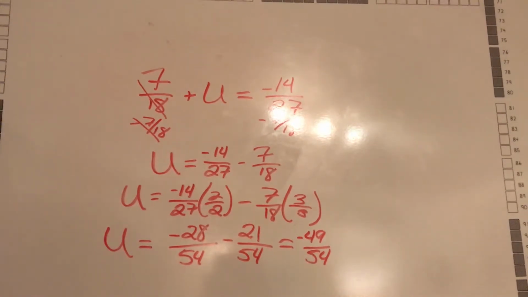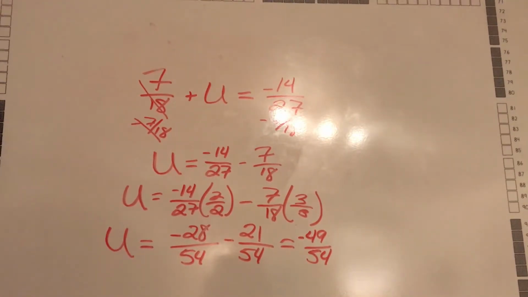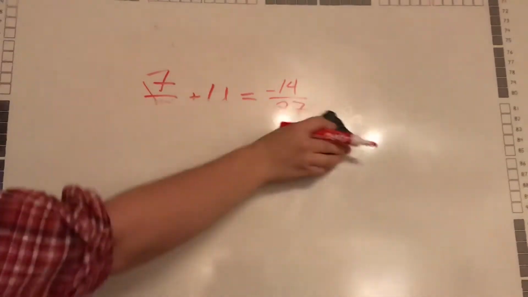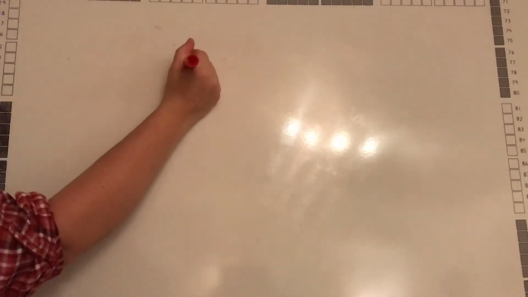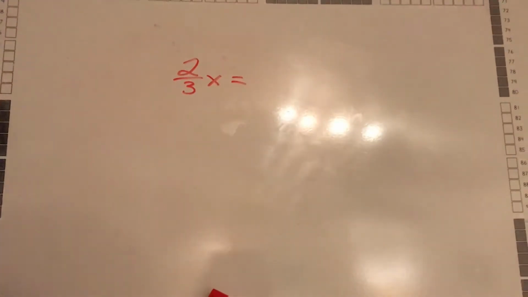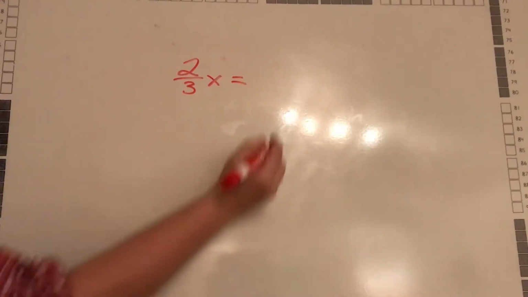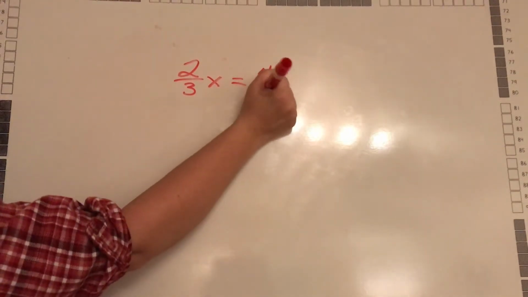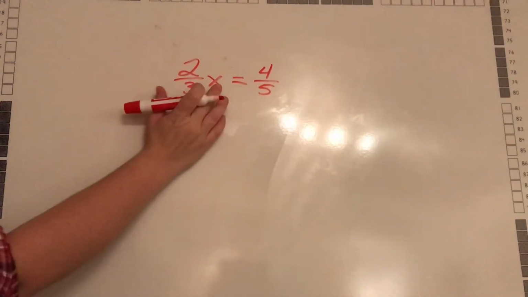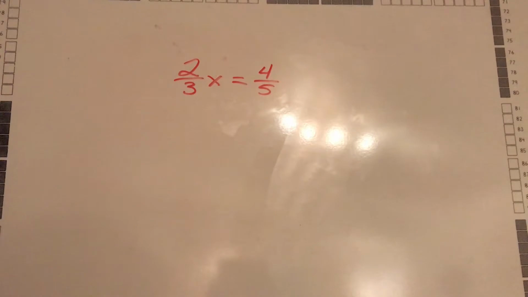Okay, now, example 2a is one of those where we're going to be dividing by something. The example is 2/3 x equals 4/5. So we know when we're solving for an unknown that's being multiplied by another number, that we divide by that number.